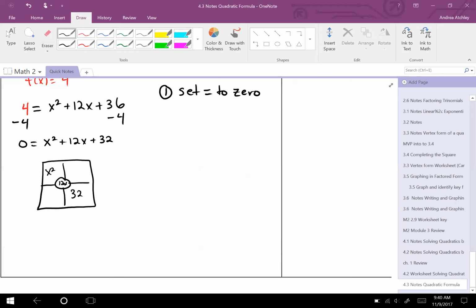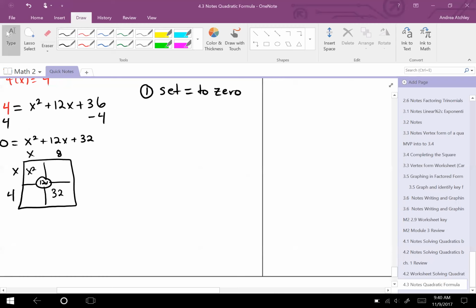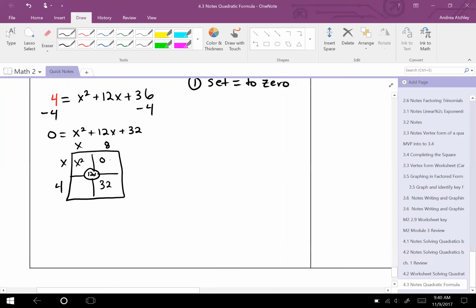Doesn't 8 and 4 work? Okay. So this is going to give me 8x. This is going to give me 4x. If I add them, do I get 12? Yeah. Oh, good. So it does factor.